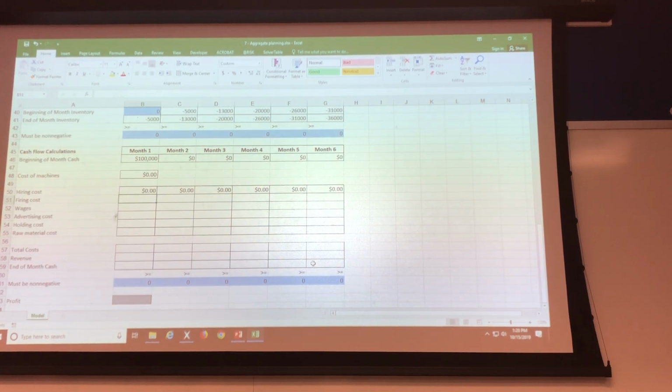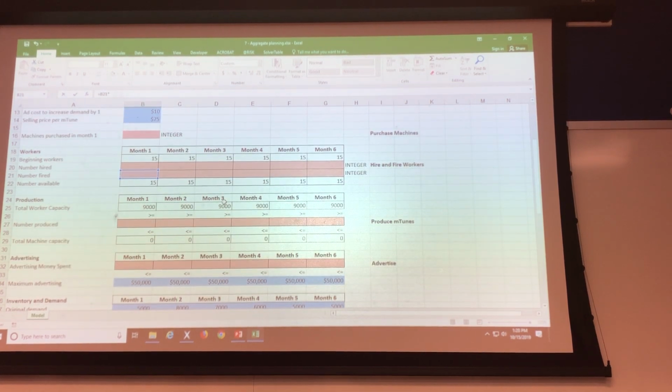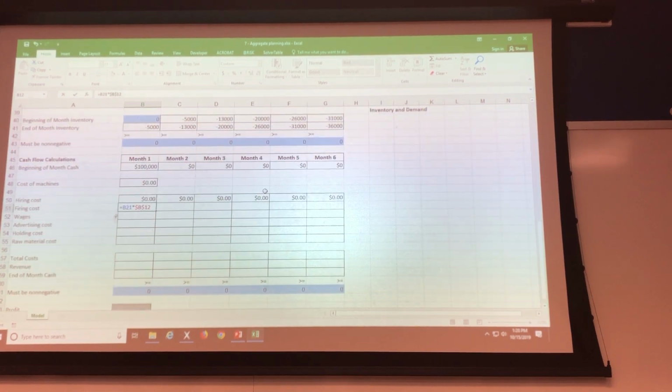What about firing costs? What's that going to be? How many I fired. Same idea. How many were fired? How much did it cost to fire them? I'm going to make that last part an absolute reference, so it's B21 times B12. The B12 is the part that needs to have the absolute reference on it.